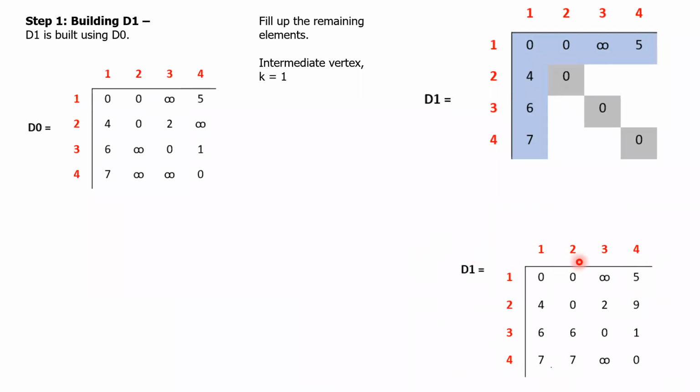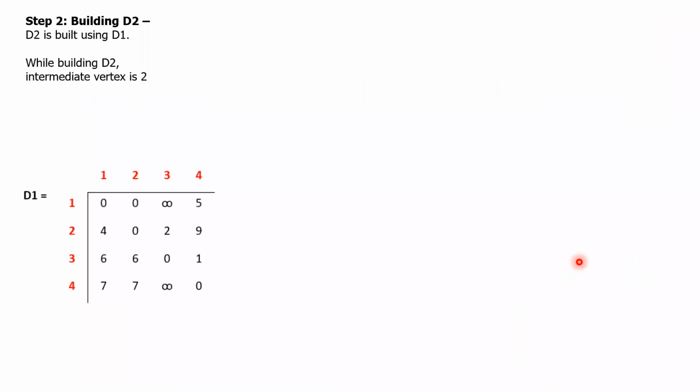Now from D1, you are going to build D2. While building D2, the intermediate vertex is node 2. Now this is the D1 that we have built. From this D1, we are going to start building D2.